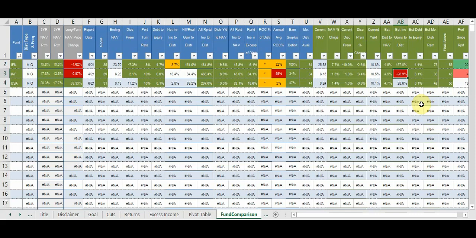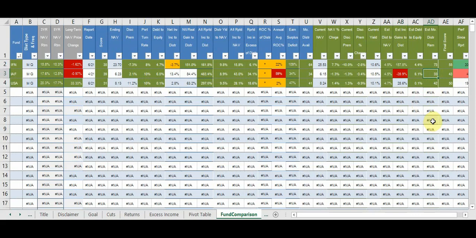So that's not really a huge concern for me. If it comes down to it, it might be a factor that tilts the scale against it. But overall, I'm not worried about it. And I'm not worried about it because the fund has ample estimated monthly distributions remaining before it would have to consider returning capital to shareholders.